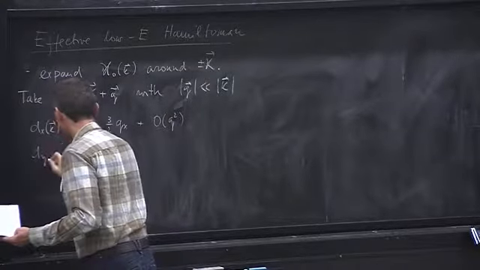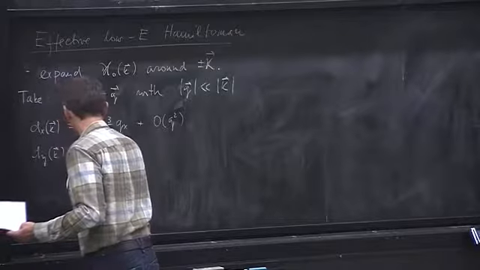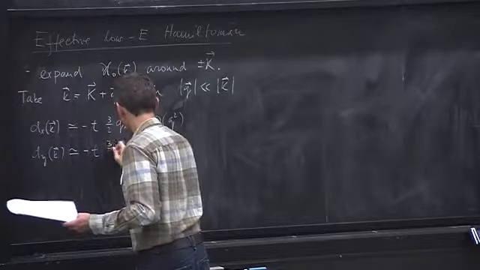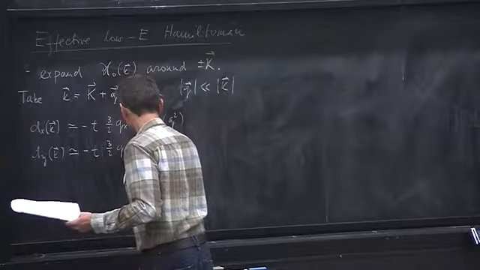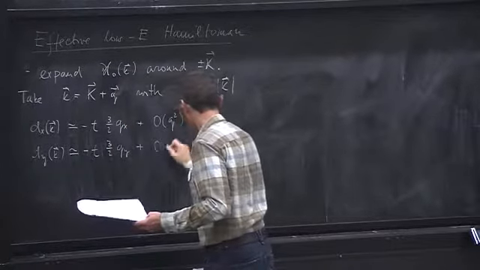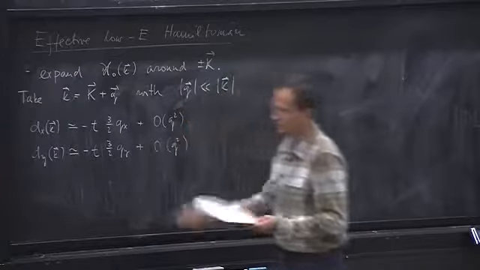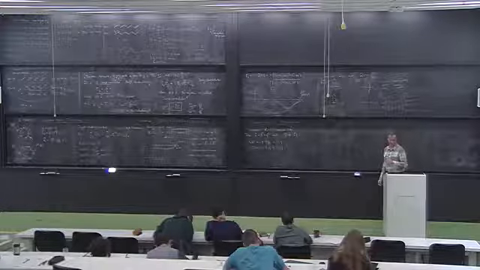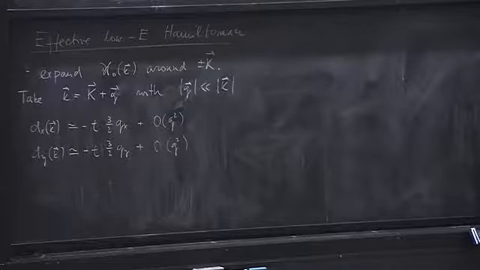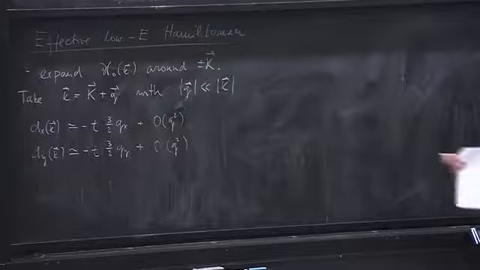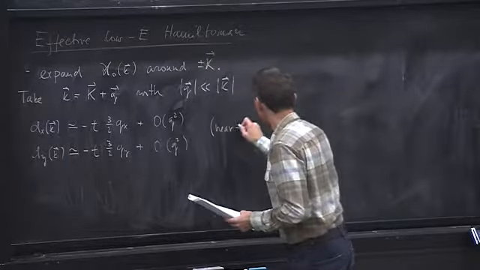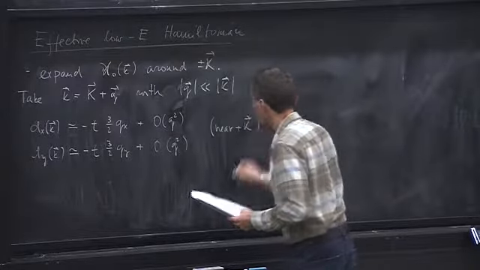And similarly for dy, and dz was 0 to begin with, so it will remain 0. So this is what happens when I do the expansion near plus K.